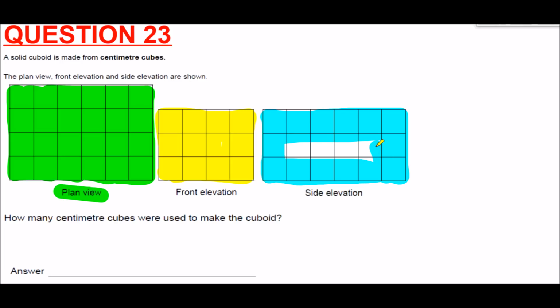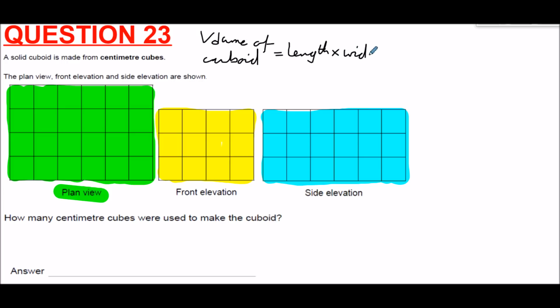Because it's a cuboid as well, we should hopefully know that the volume of a cuboid is the length multiplied by the width multiplied by the height.